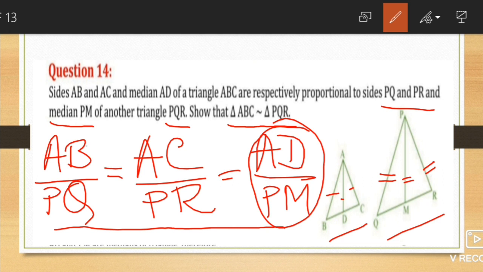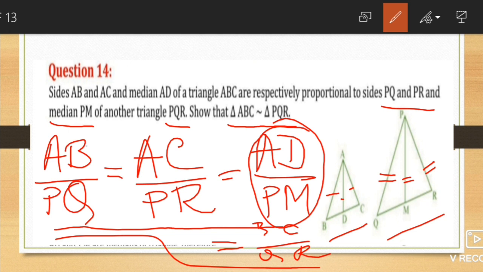That's why I have to prove that AB by PQ is equal to AC by PR is equal to BC by QR. If this condition was given, then we would directly write that since three corresponding sides are proportional, this is similar. But the given condition is this one. So let's check the solution.